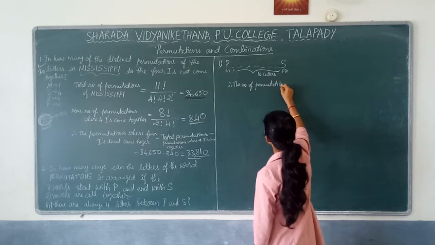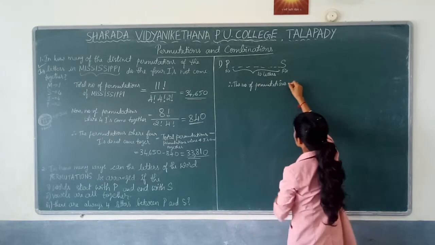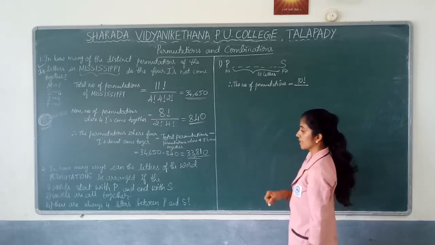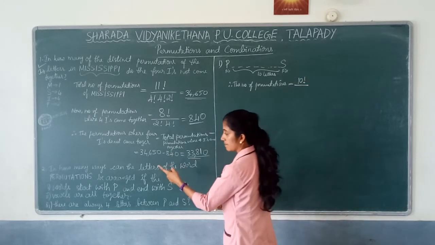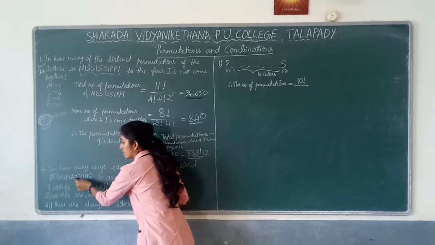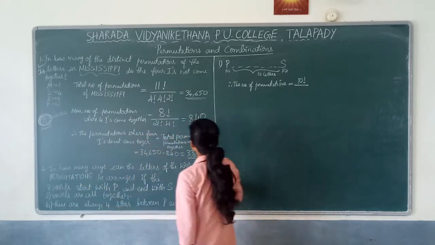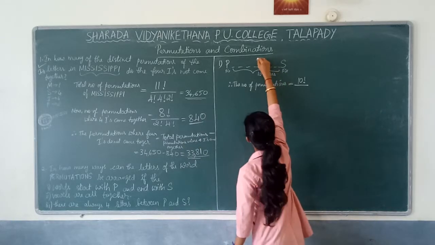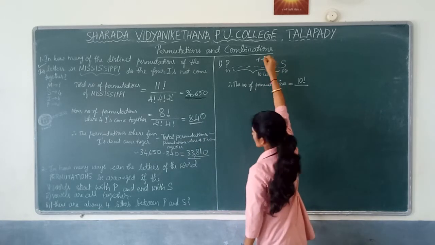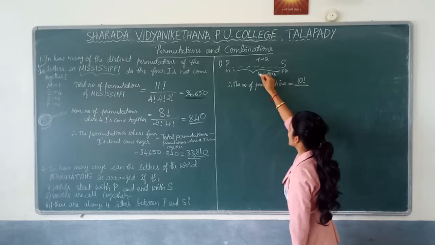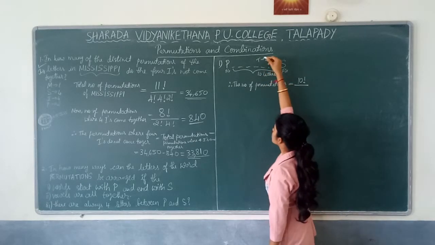See, there are 10 letters which can be arranged in 10 factorial ways, right? In that, is anything repeating? Yes. T is repeating 2 times, isn't it? Any other letter is not repeating. Only T repeats 2 times.